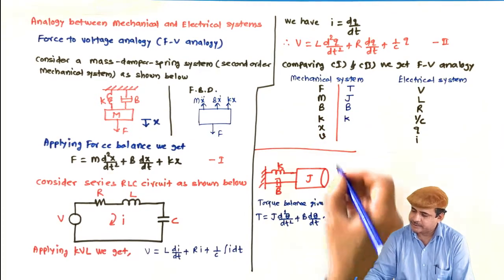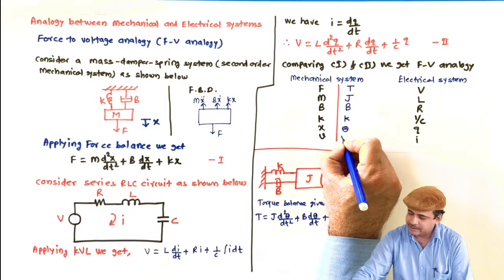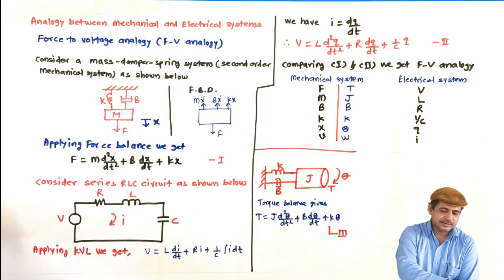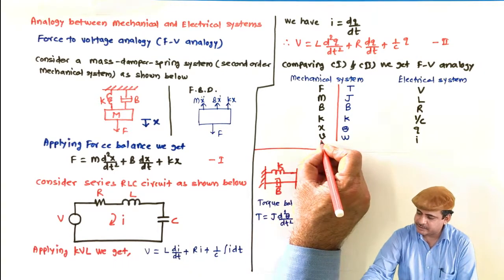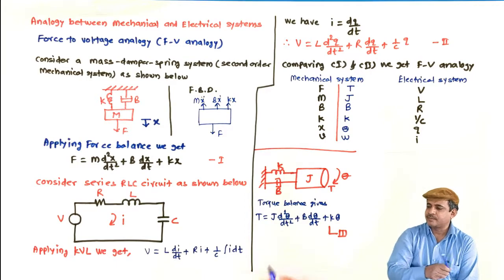K also remains the same, but here the displacement is the angular displacement theta and velocity is angular velocity omega. And this is the torque to voltage analogy.